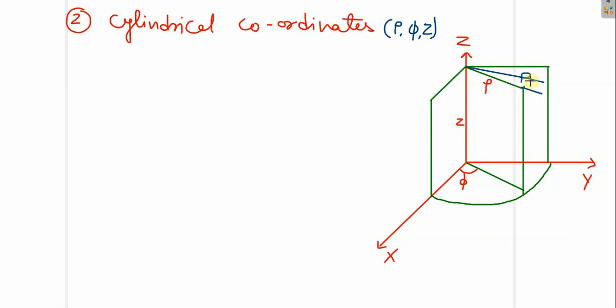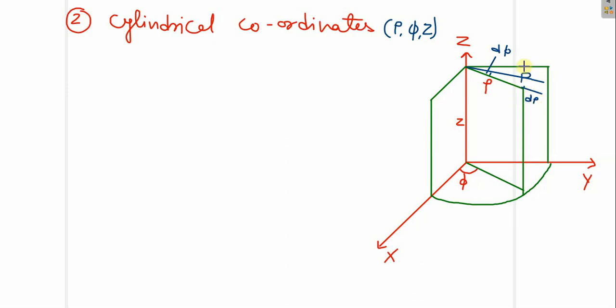Now there should be some increment in this phi also. So up to here it was phi. Now we have made some small increment in this phi, and this can be written as d phi. And this small increment we have done, this is your d rho.